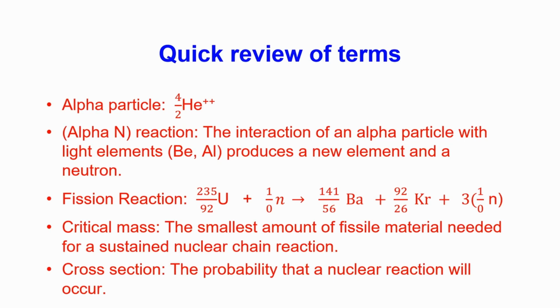The next term that you'll hear is an alpha-n reaction. This reaction is when an alpha particle bombards a light metal, like aluminum or beryllium, and causes a reaction which releases a new element, but more importantly, releases another neutron. And so it's a neutron source.